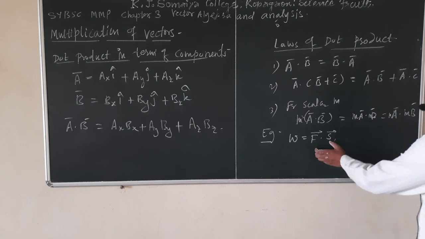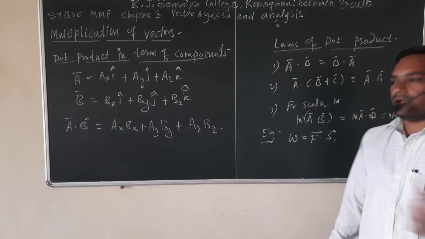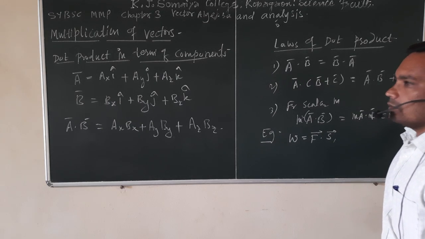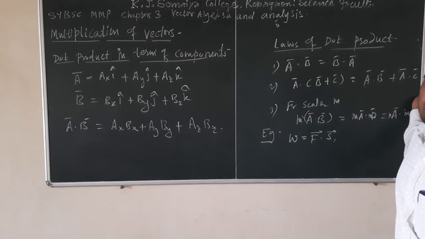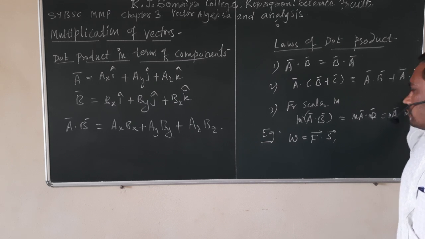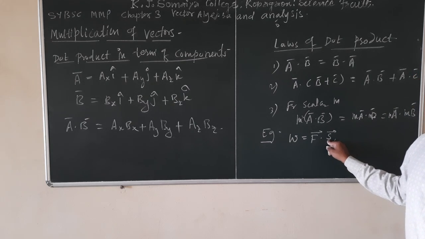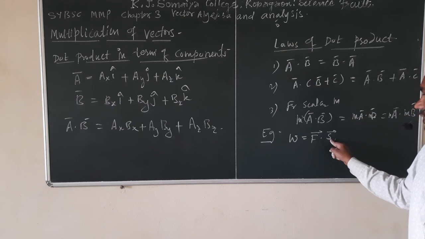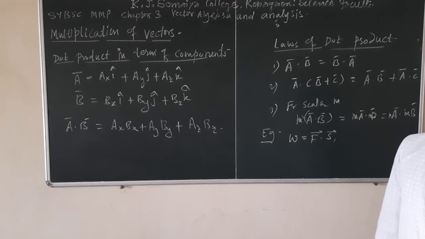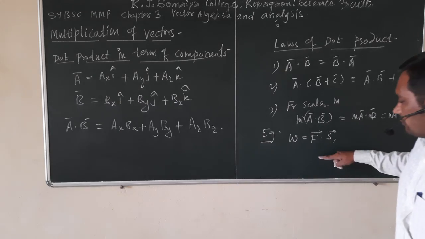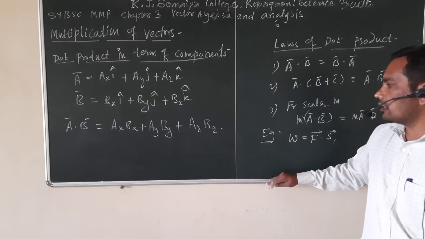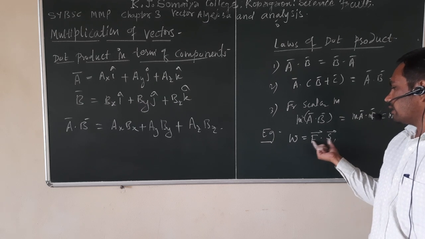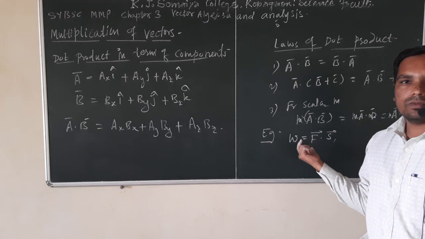Okay, if the object does not move by our external force, which means we are applying force to this board and the board remains over here as it is, then displacement is 0 and work done will be 0. If the applied force and displacement are in perpendicular directions, which means we are applying force like this and the object is moving like this, then again we know that for the perpendicular case work done is 0.